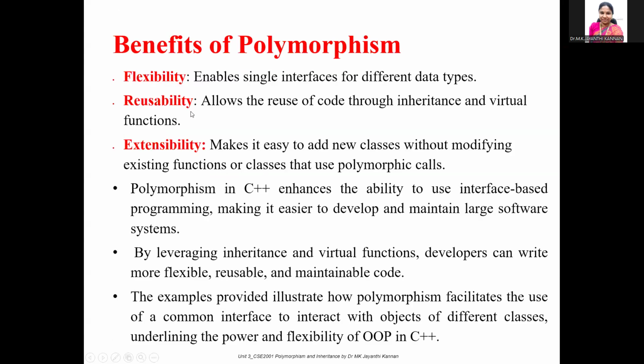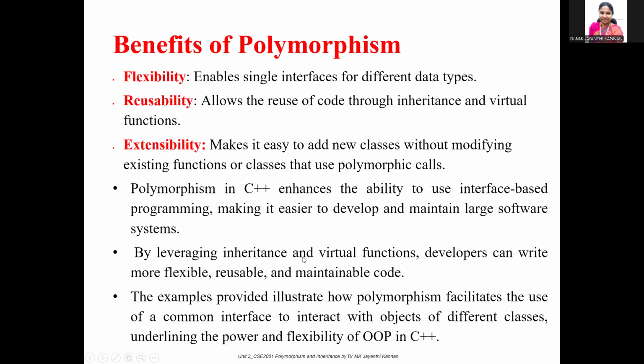The benefits of polymorphism: it is runtime polymorphism or dynamic binding, it enables a single interface for different data types, and allows reuse of code through inheritance and virtual functions. It allows extensibility, making it easy to add new classes without modifying the existing classes. It is the ability to use interface-based programming.